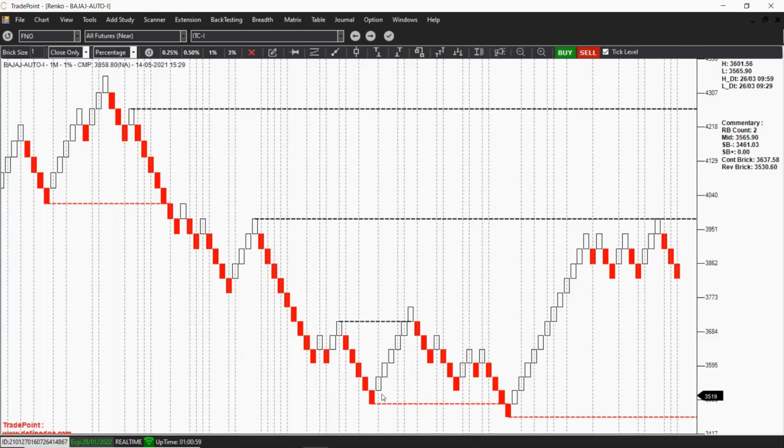So this simple tool is very powerful because it tells us a level from which there was a strong price reaction, correct? It was at least a 5%. And because it is a 1% brick value, I plotted 5 brick anchor lines. If the brick size is lower, you can plot 5 brick or 10 brick as well. But understand the concept that will help you to analyze charts in a better way.